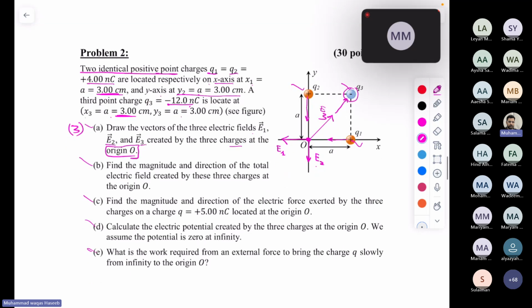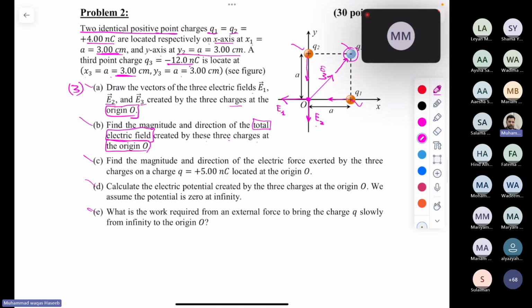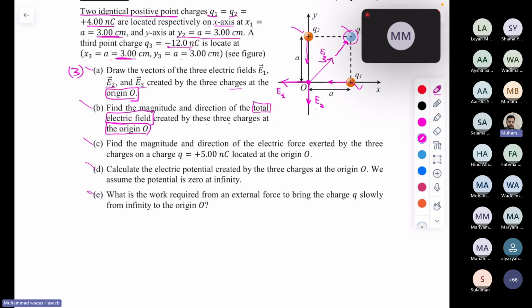Now, find the magnitude and direction of the total electric field created by these 3 charges at O. Here the superposition principle is applied. What does the superposition principle say? It says that to calculate the electric field for a sum of charges, you just add their separate electric fields.